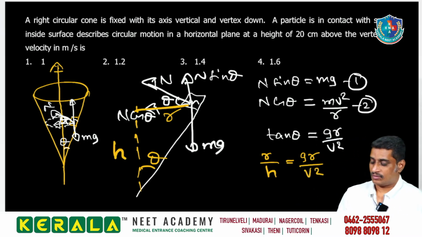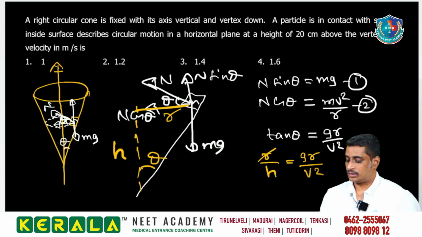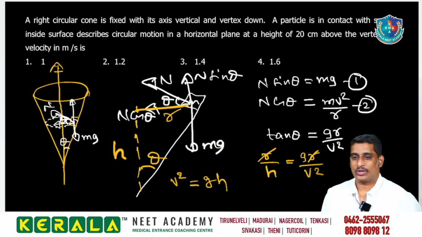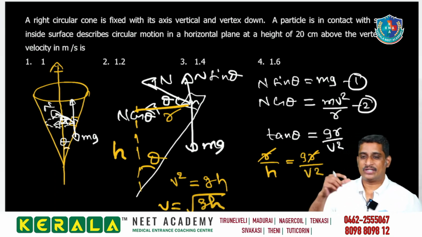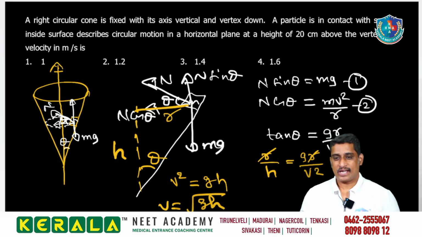Then from this equation, it is very clear, r will be cancelled. So v square will be equal to gh. So v is equal to root of gh. The h value they have given, g we know. By substituting them, we will get the value of velocity of that particle which is moving along the circular path in this example.